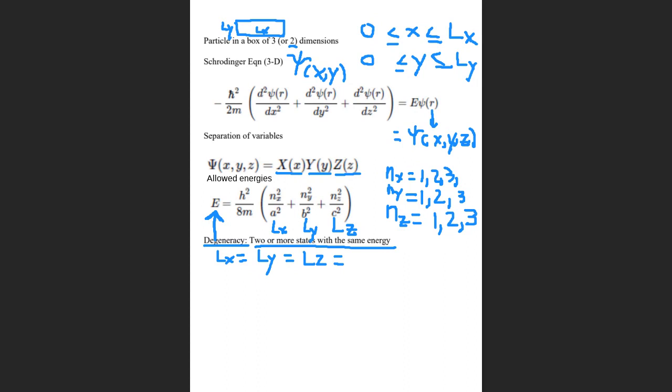If I call all these lengths L, for example, then the energy up above is h squared over 8mL squared times the square of the x quantum number plus the square of the y quantum number plus the square of the z quantum number.